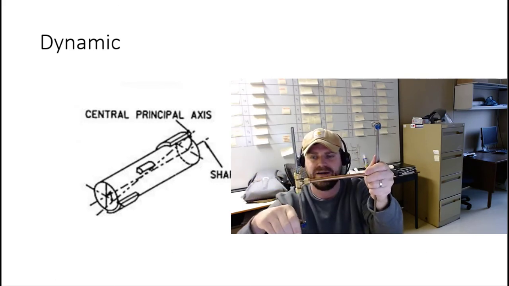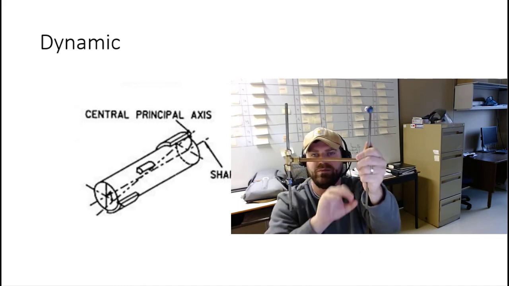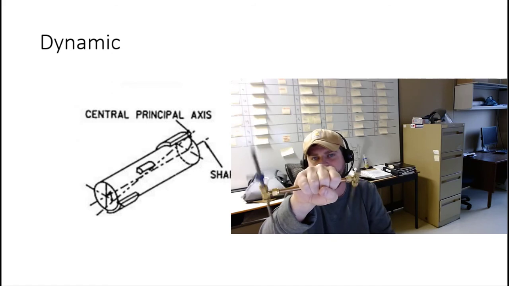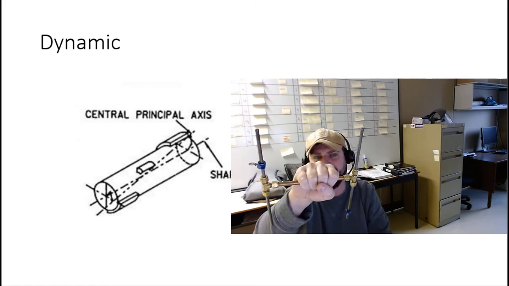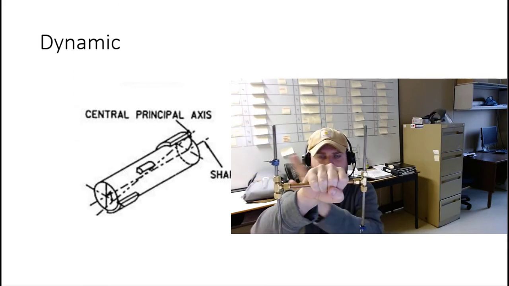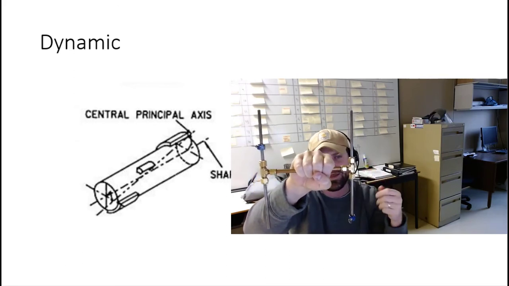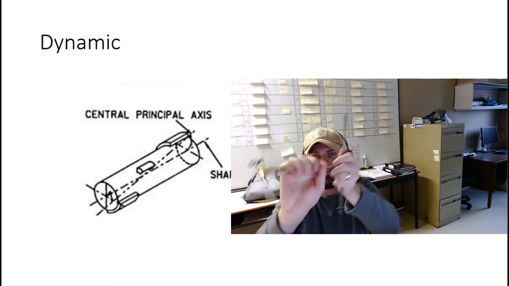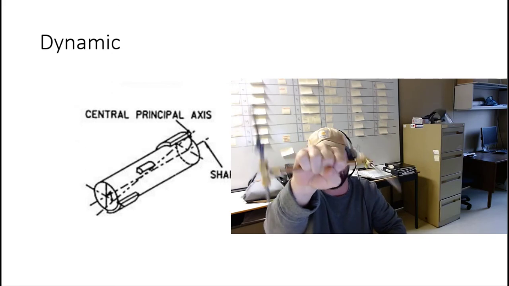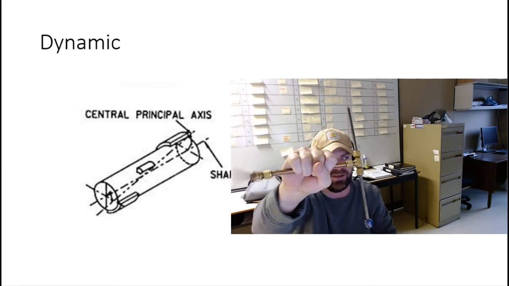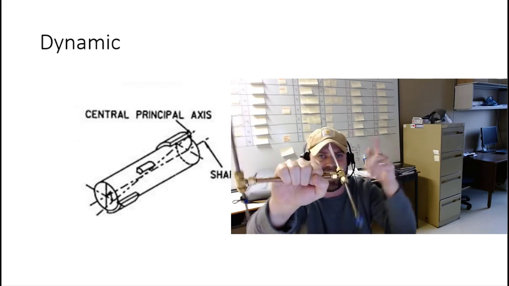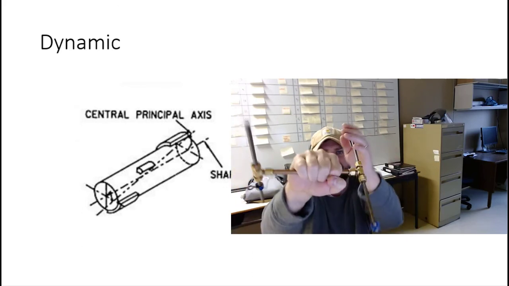Then we had quasi-static where the imbalance is 180 from each other but slightly different, and so we can be fooled by that because we'll think that it's a static imbalance but it's actually a little bit off for both. And then there's a dynamic imbalance where they're completely out of phase with each other and we have just a random wobble that's happening because our central principal axis and shaft axis are offset and angular and turned out of phase from each other.